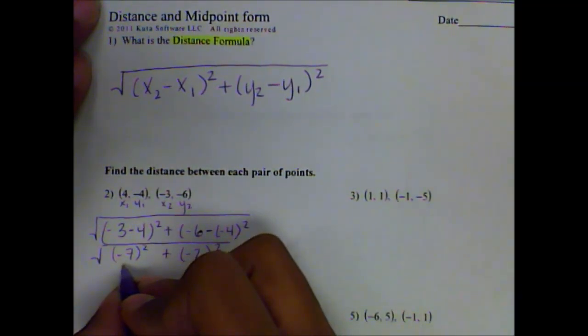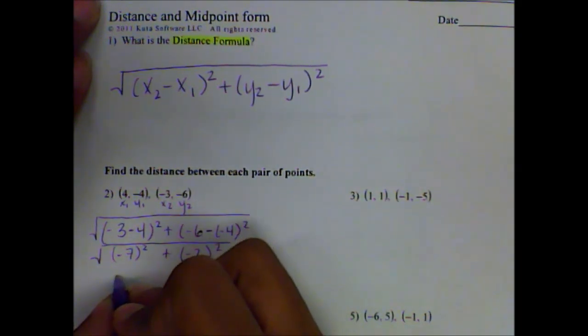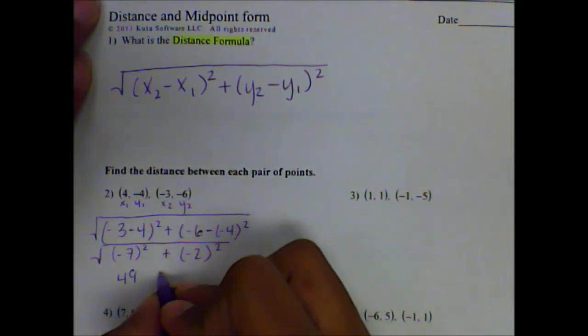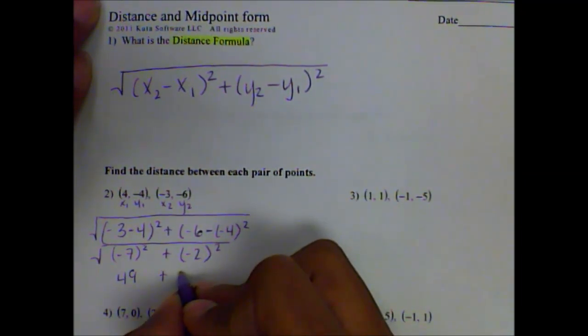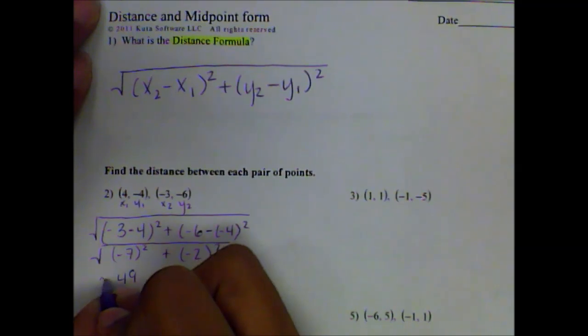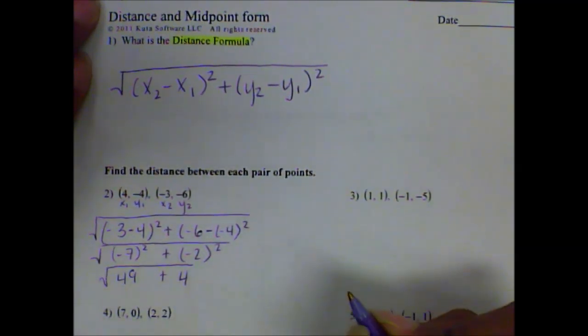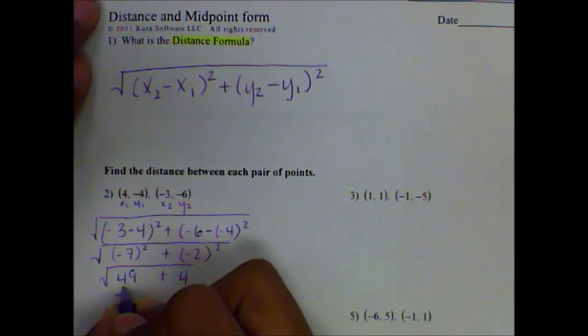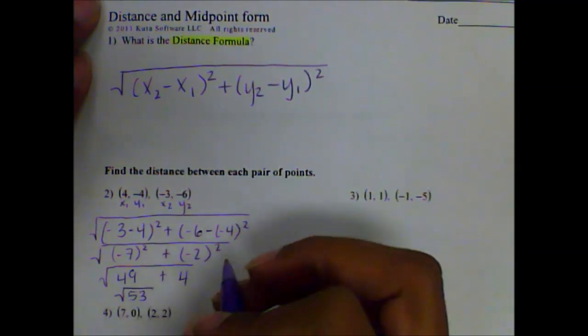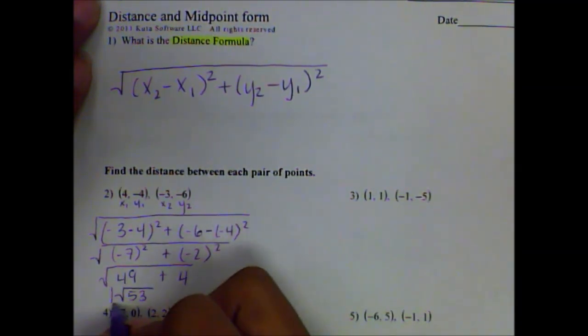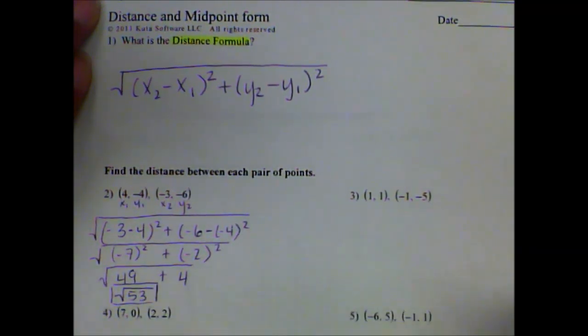Okay, so negative 7 times negative 7, or negative 7 squared, is going to give us 49, plus negative 2 squared, which is going to give us 4. 49 plus 4 is 53. So the answer is the square root of 53. Alright, and I want you to go ahead and leave it in square root form. Do not change it or estimate it.